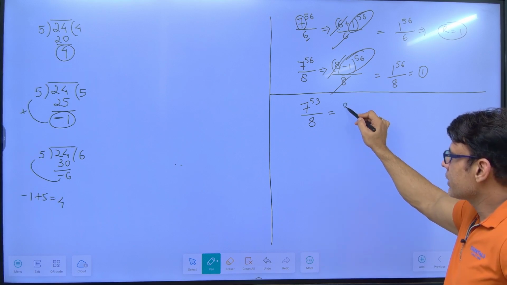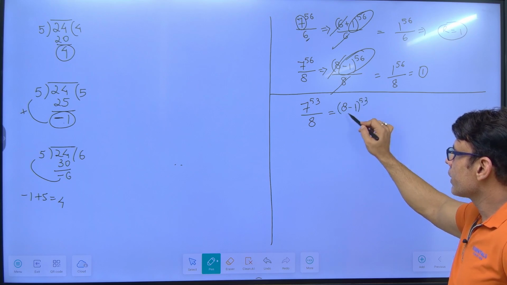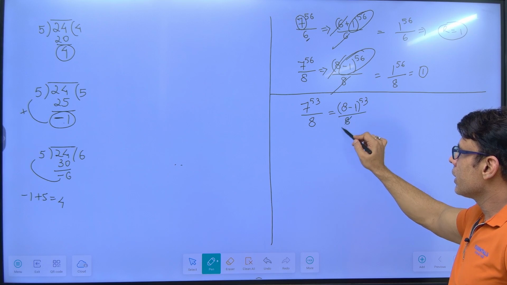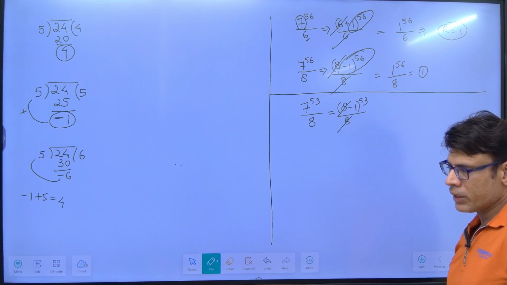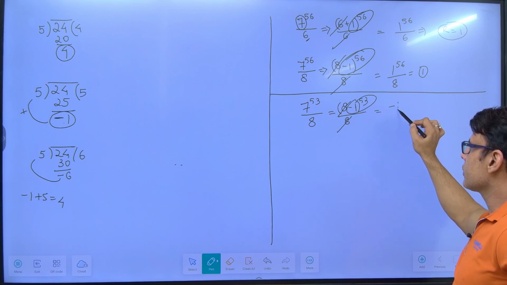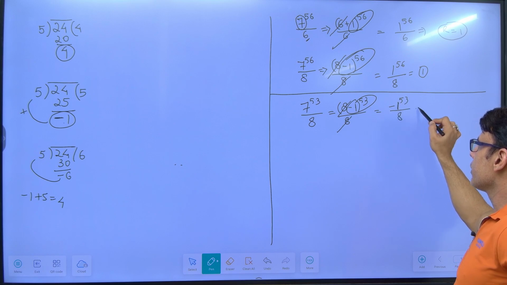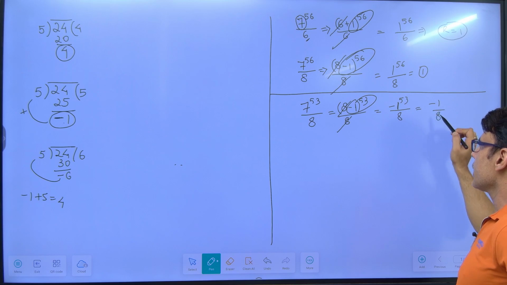So if I write this as 8 minus 1 raised to the power 53 and divided by 8, 8 will cancel all integral multiple of 8. What it will not be able to cancel is minus 1 raised to the power 53 divided by 8, which is what? Minus 1 by 8.